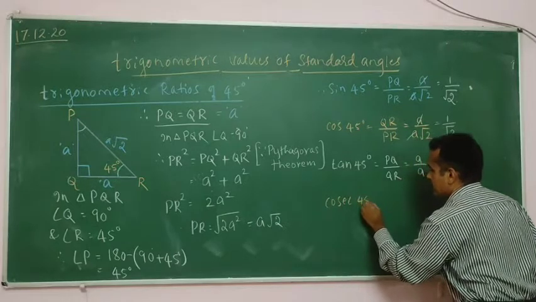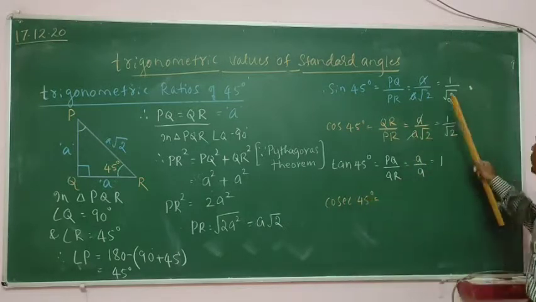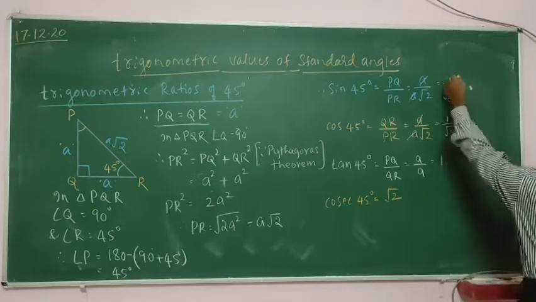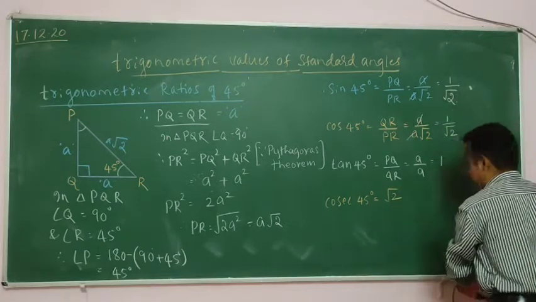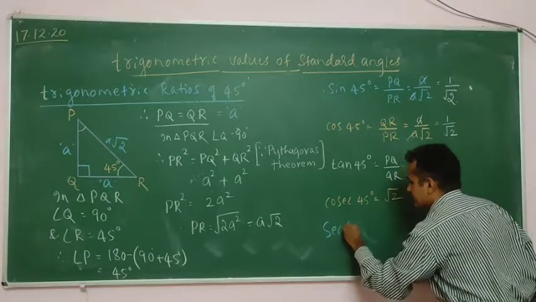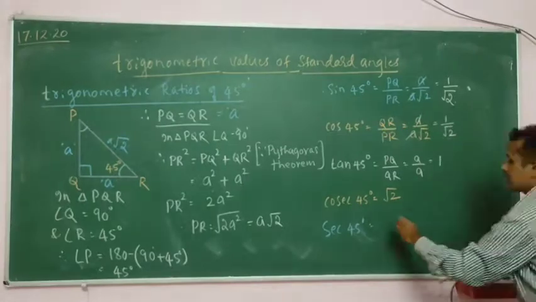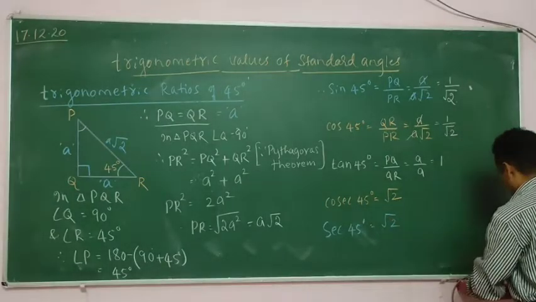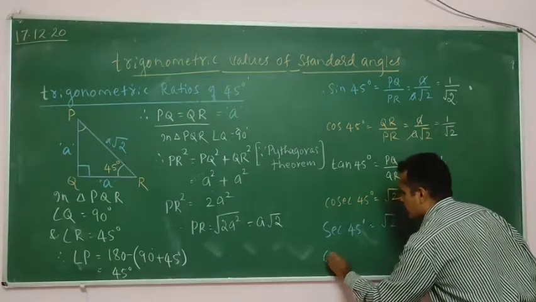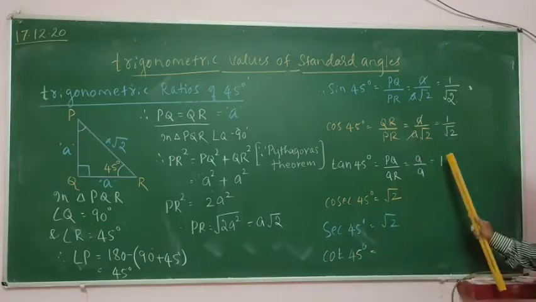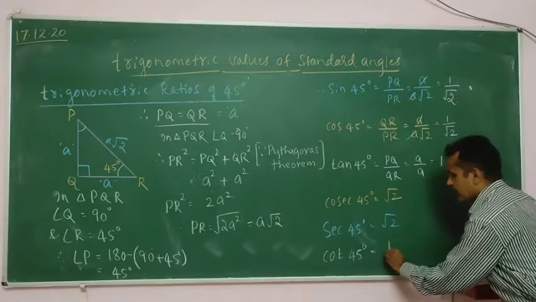Cosec 45 is equal to the reciprocal of 1 by root 2. Root 2 by 1 is root 2. I can write sec 45. The reciprocal of this, again it is root 2. Finally, it is cot 45. The reciprocal of 1 is 1.